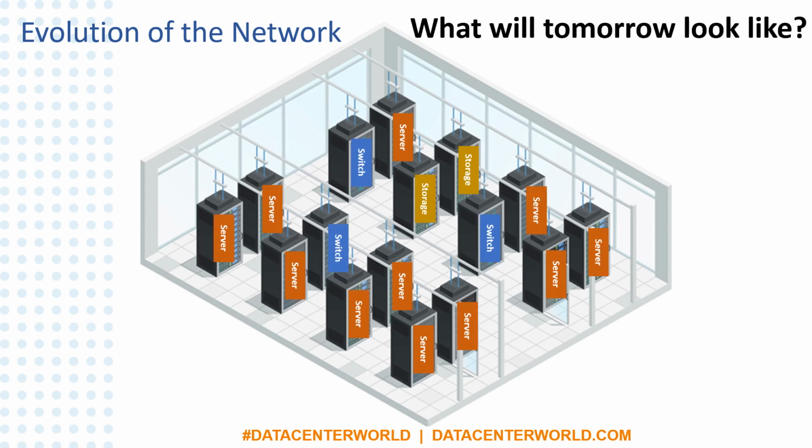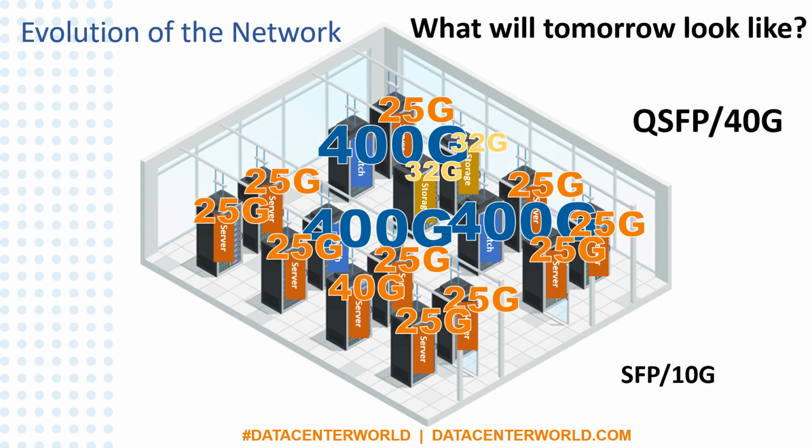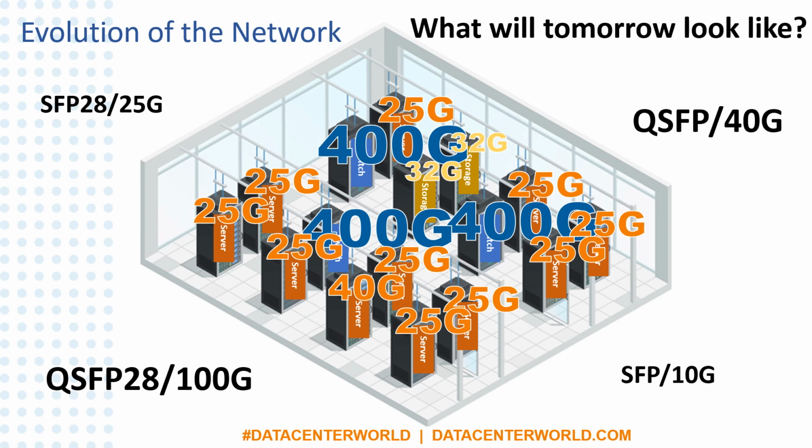So what will our networks look like in the data center tomorrow? Hard to say, but I suspect there's going to be an even wider variety of connection speeds. In addition to the current 10 gig and 40 gig, we've already seen emergence of the 25 gig and 100 gig networks. So we're going to have to be prepared to manage and implement a much more complex environment.